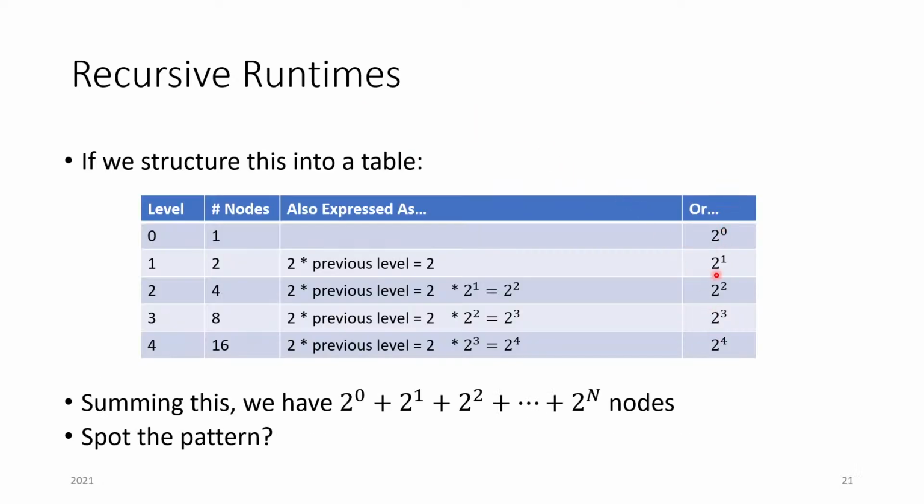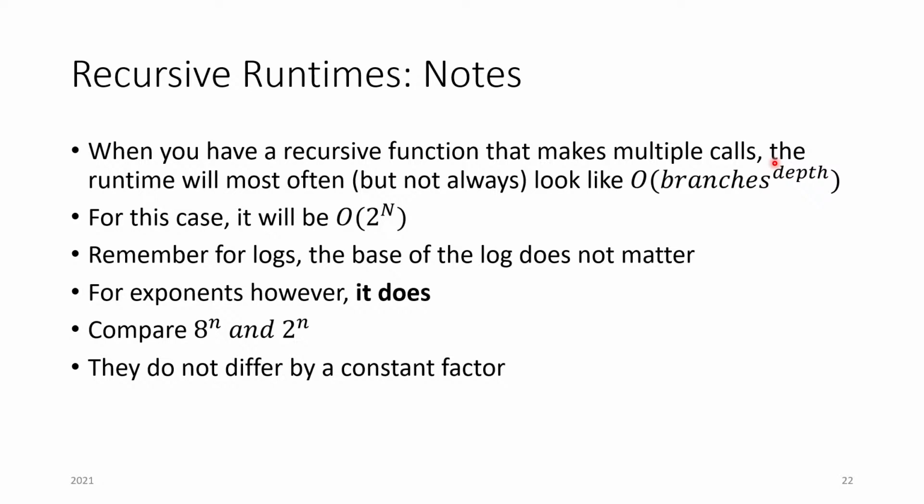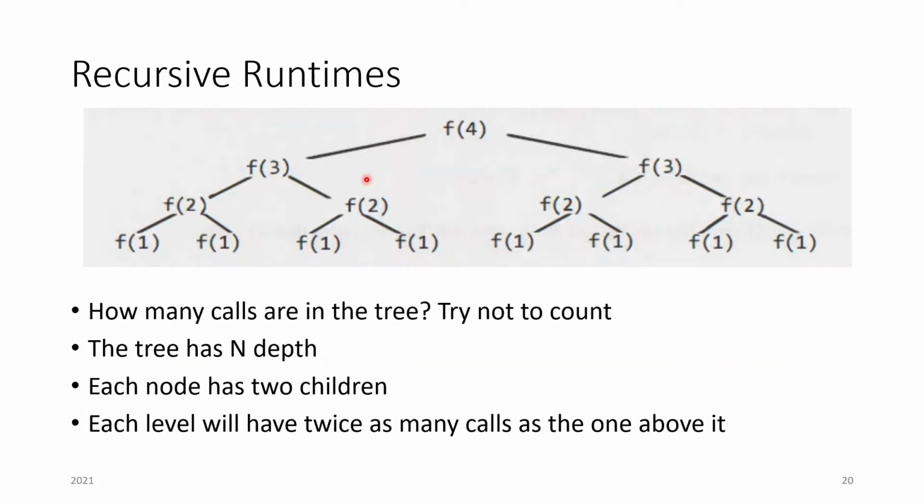we see that the relationship can be structured into a table. So we actually observe that pattern here, and if we add this pattern accordingly, I'm going to jump back to the tree here. For each one of these nodes, there will always be 2 branches, and the depth of the tree is the levels at which we're going to be.